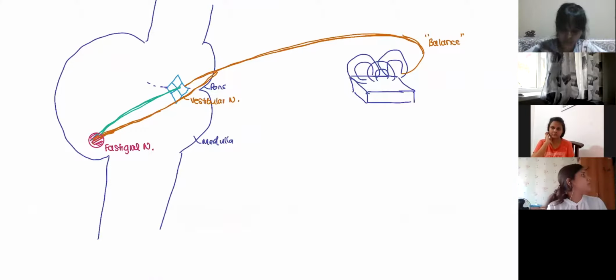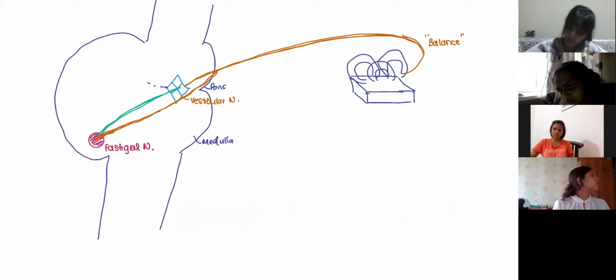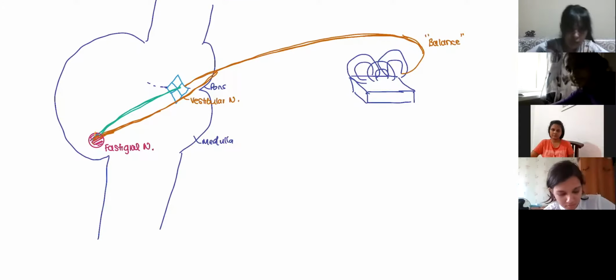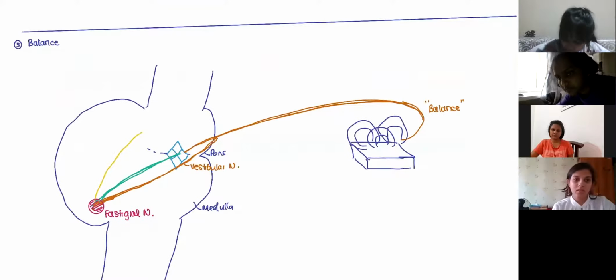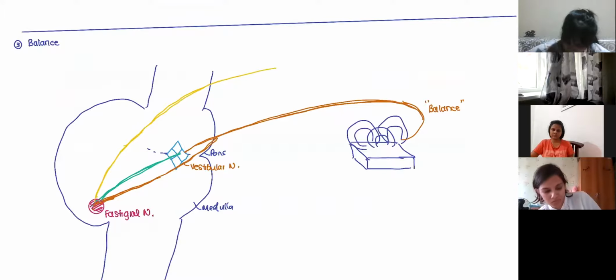And from there are fibers that go. There are several fibers, but the ones I want to talk about go to the eyes. Cranial nerves 3, 4, 6.